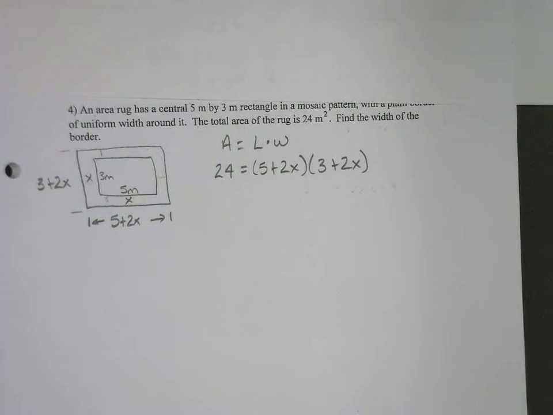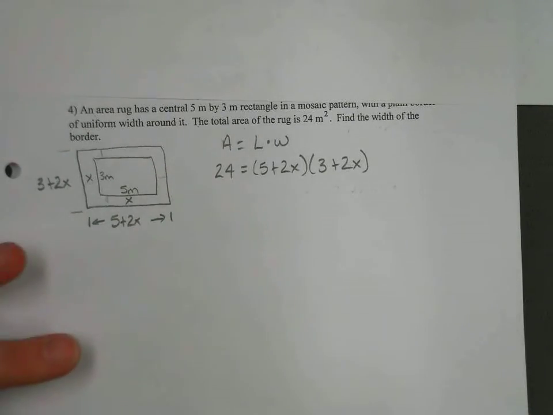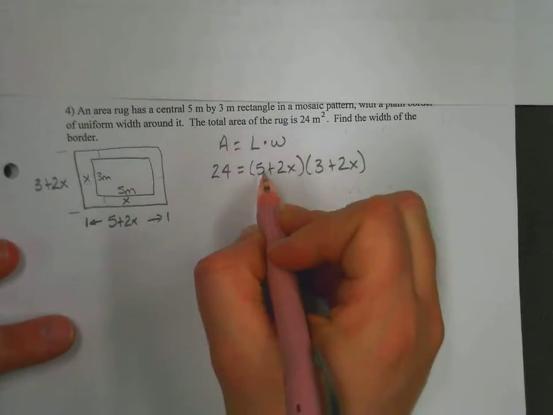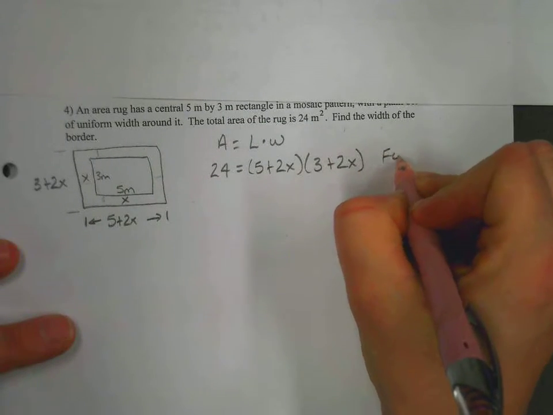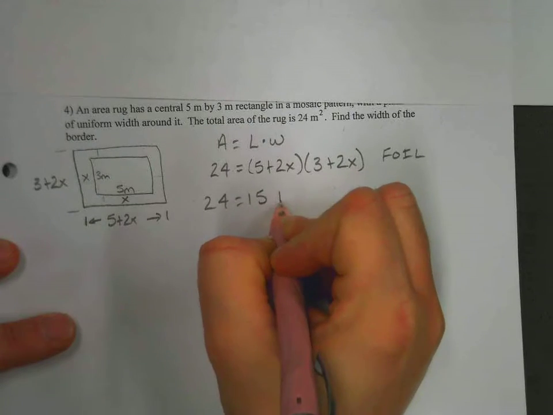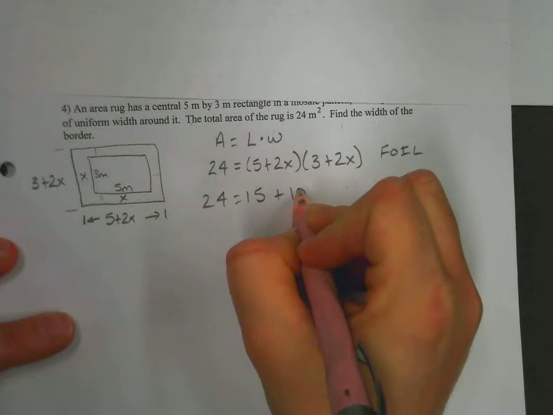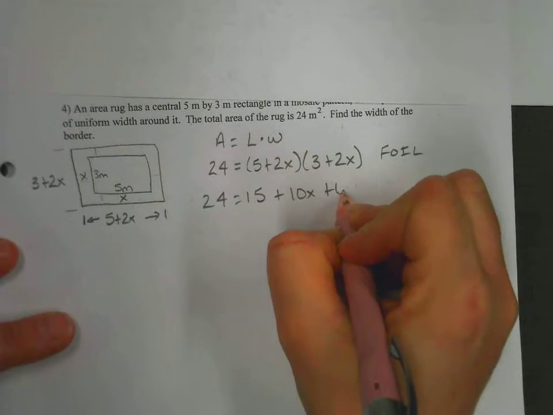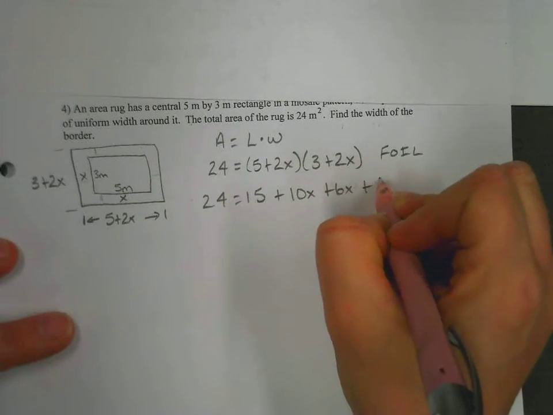Okay, so here's my quadratic equation. I'm going to expand the equation, make it equal to 0, try to factor, and solve for x. So I'm going to need to FOIL this. So I get 15 plus 10x plus 6x plus 4x squared.